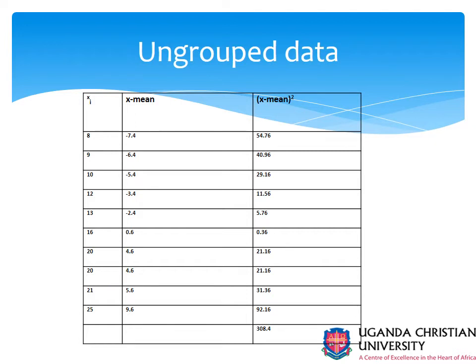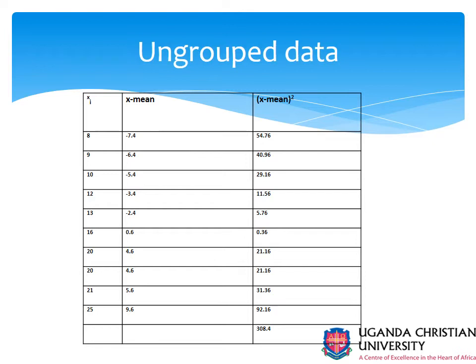The second column is the deviation of each observation from the mean. Remember, we computed our mean as 15.4. So we are subtracting 15.4 from each of the observations in our first column. These in the second column represent the deviations from the mean.